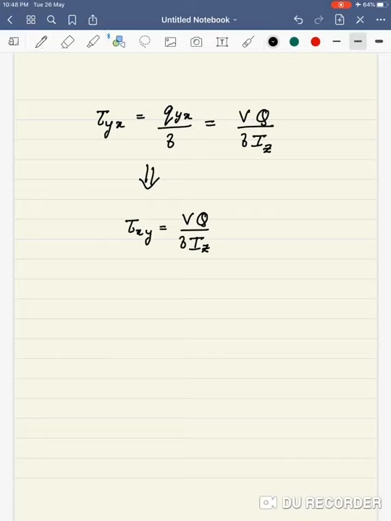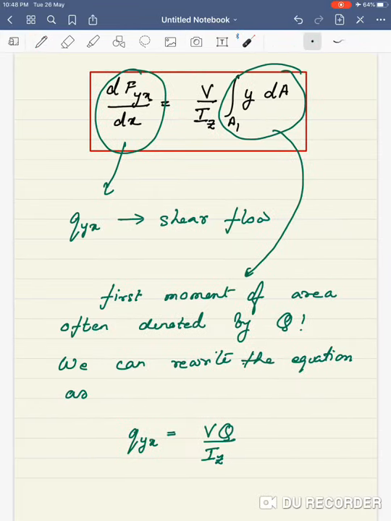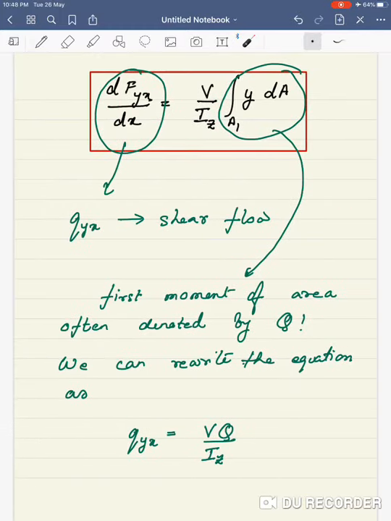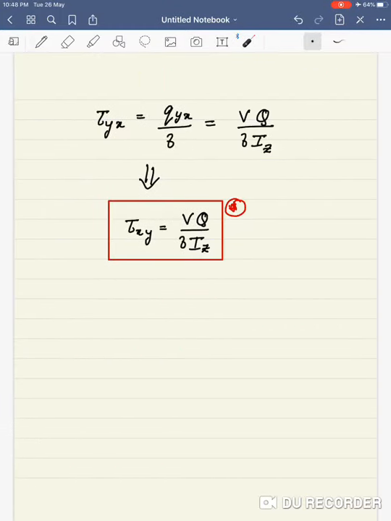What a beautiful equation. Okay, so this is an important equation. Now see, we are going to go back quickly to our naive first cut, that the shear stress was going to be equal to V by A. Oh, I have unnecessarily complicated our life by using another notation, and we don't want to do that.